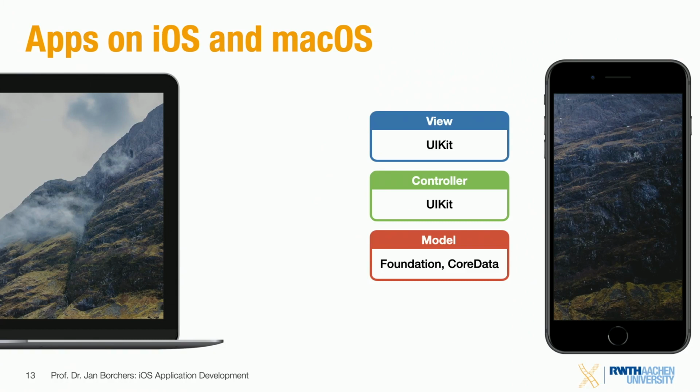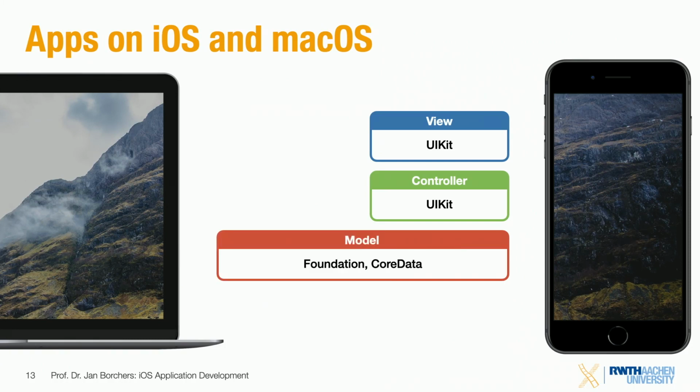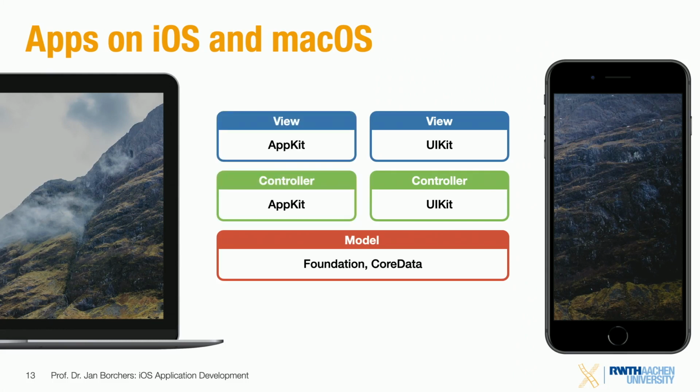If you're lucky, you can use Core Data for your data storage. And so if you then wanted to move something to macOS, for example, you could probably take over the Core Data model that you had. You could probably take over the Foundation stuff, because that is actually similar between iOS and macOS. But these two parts, you basically had to build anew, right?